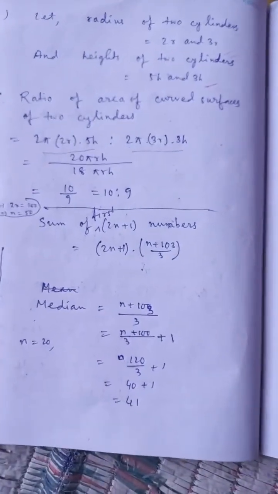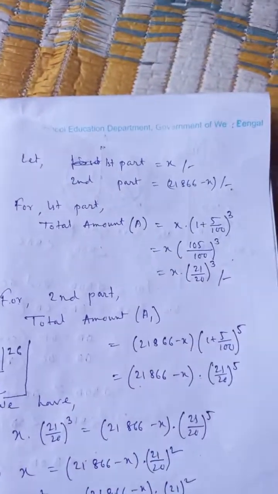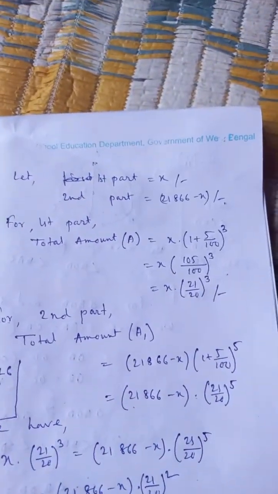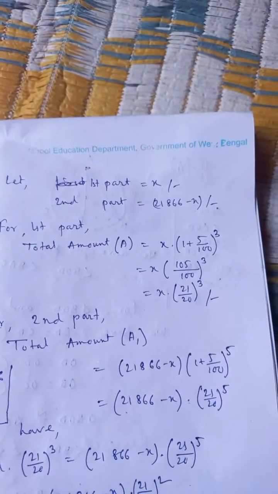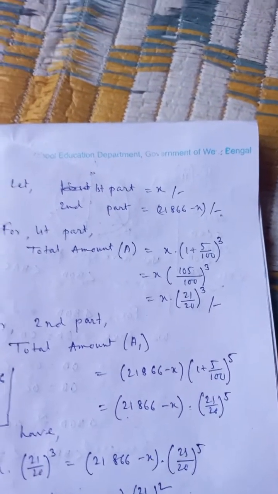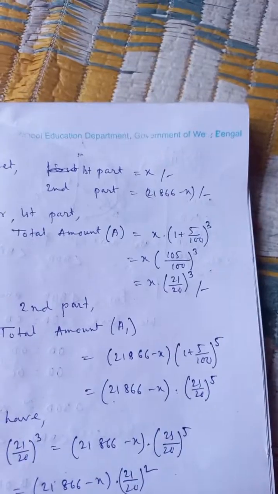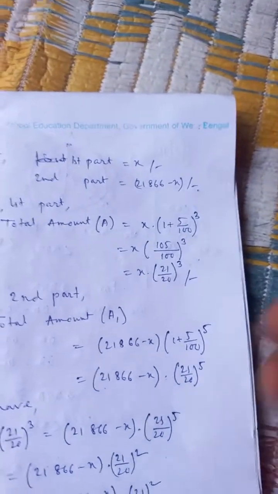So now we can solve this in this way. Let the first part be x rupees and the second part be 21,866 minus x rupees.